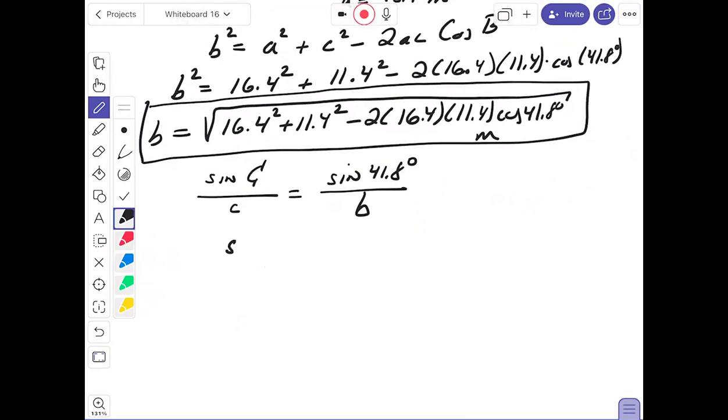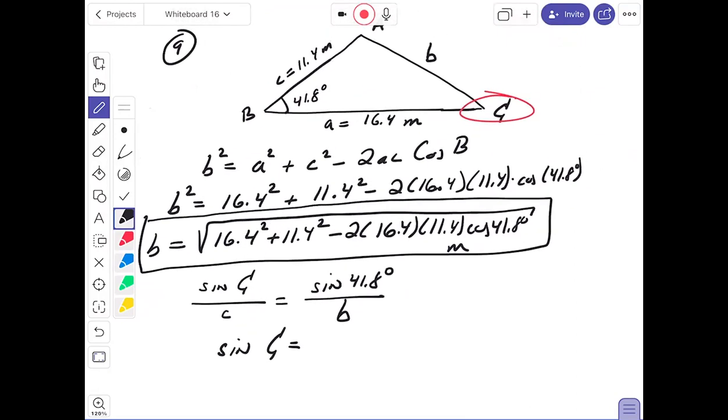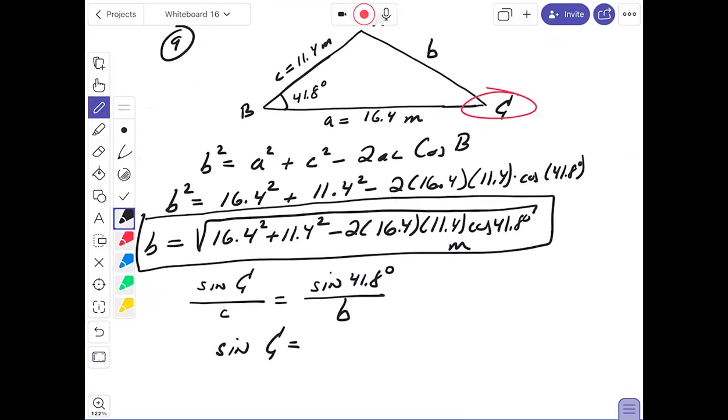So sine of C, let me put on what we're doing over here. All right, C we don't know, the big C we don't know. Do we know little c? Yes. Maybe I should write that down for you. What's little c?